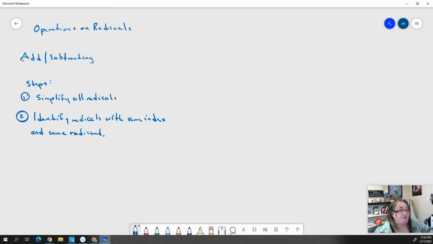terms, right? Like I can't multiply an x times an x squared or add an x to an x squared. I can multiply an x times an x squared. I can't add an x to an x squared. In the same thing, I cannot add a square root to a cube root, right?